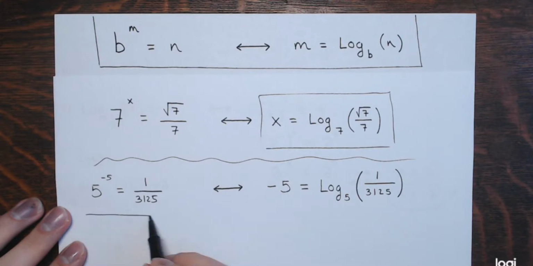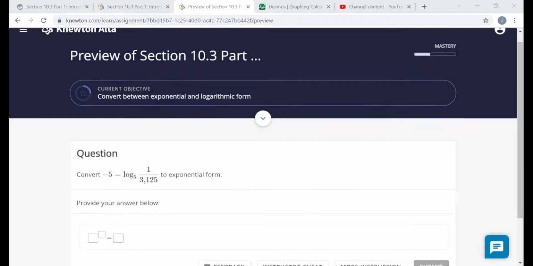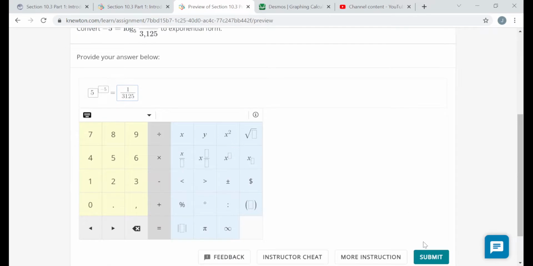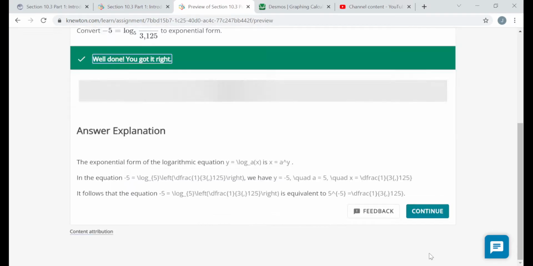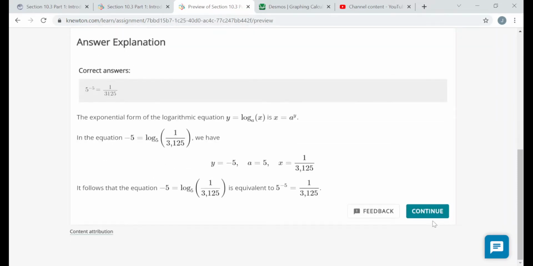And that is all we are asked to do. Just change forms. So here we have, base 5, exponent is what the log is equal to, -5, and then that's equal to the argument of the log, 1 divided by 3,125. Simple as that. Okay, next question.